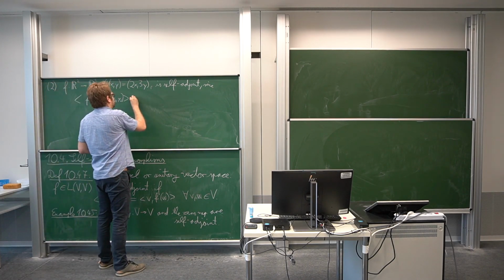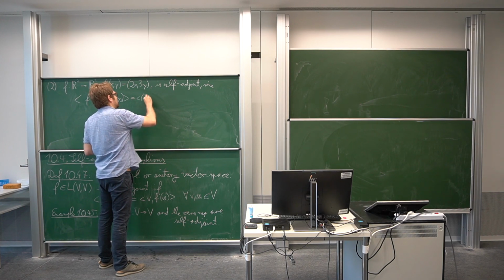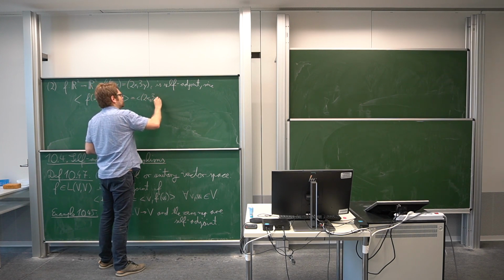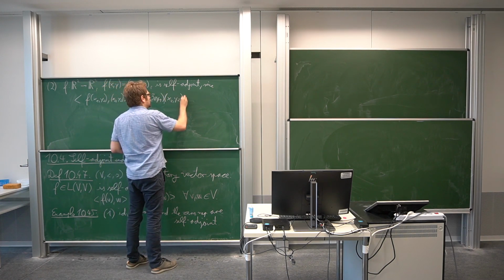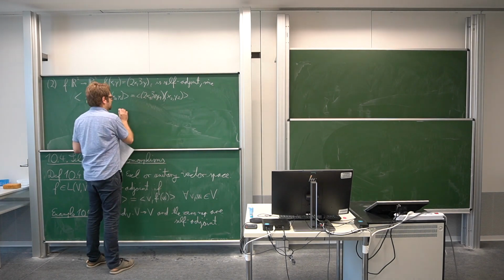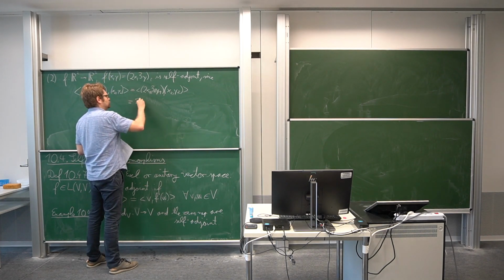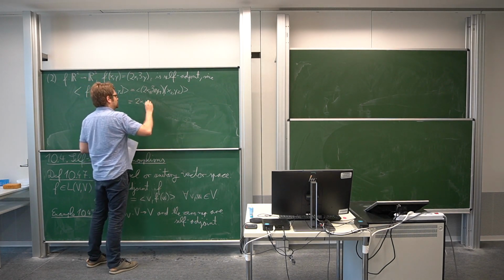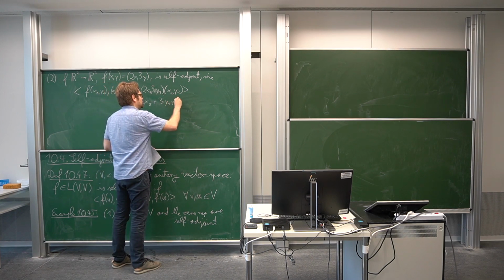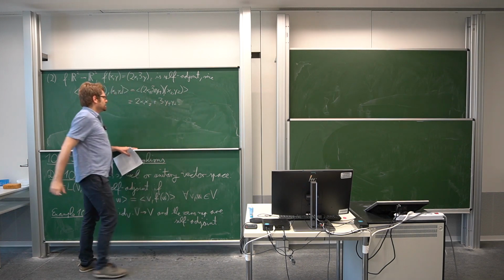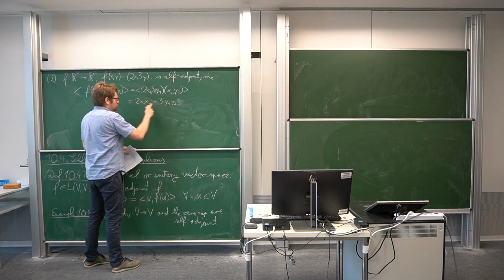This is now, by definition, the inner product of (2x1, 3y1) with (x2, y2), and by definition of the Euclidean inner product, or the standard inner product, this is 2x1x2 plus 3y1y2. But now we can just view this 2 and the 3 as belonging to the second factor.